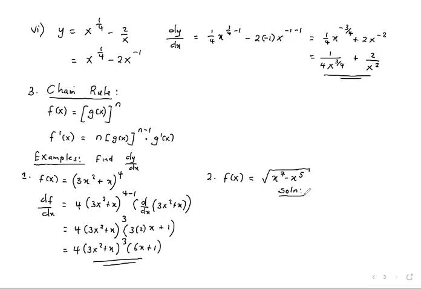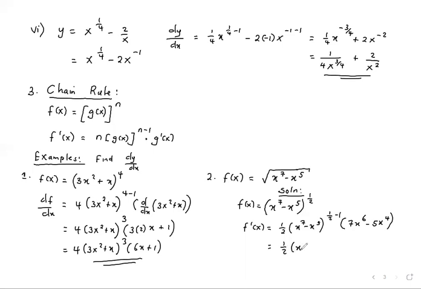You say solution, and you write f of x as (x⁷ minus x⁵) to the power half, so that f prime of x becomes half (x⁷ minus x⁵)^(1/2 − 1) multiplied by the derivative of the inside, 7x⁶ minus 5x⁴. So you get half (x⁷ minus x⁵)^(−1/2) times (7x⁶ minus 5x⁴).